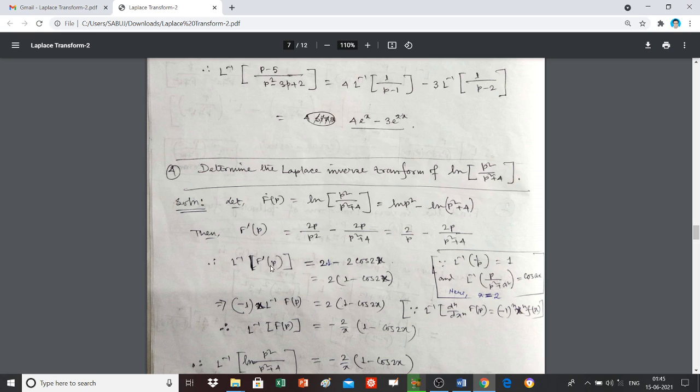So L inverse of F prime(p), that means dF(p)/dp, the first order differentiation, is equal to minus 1 to the n. In this case n is 1, so this will give you minus 1, then x^n, that means x, because n is equal to 1, then f(x). f(x) means L inverse of F(p).